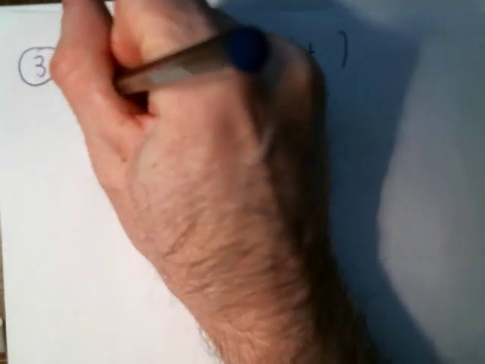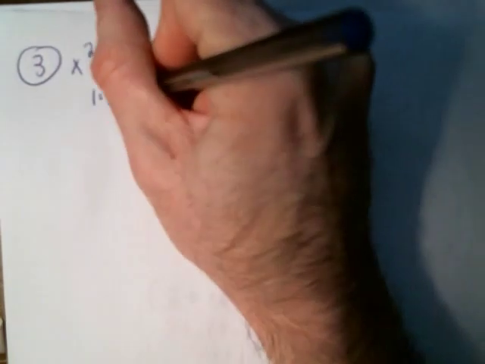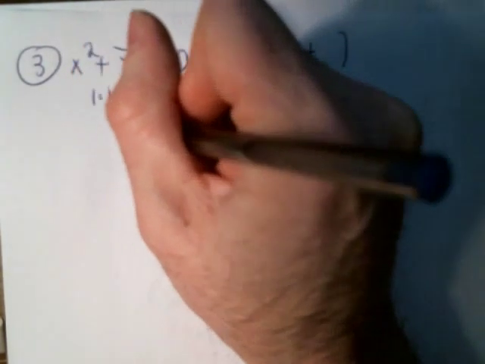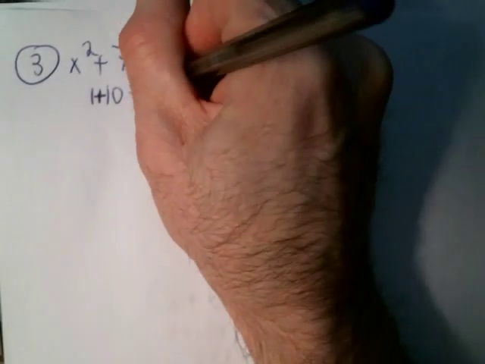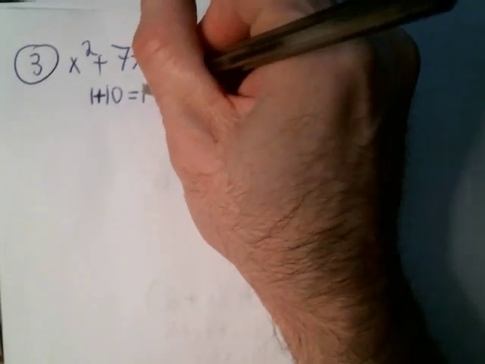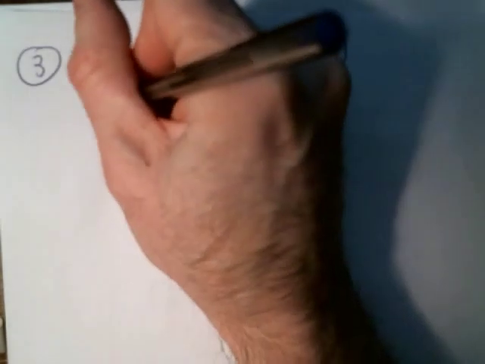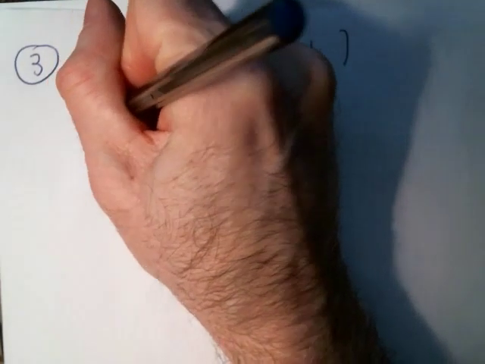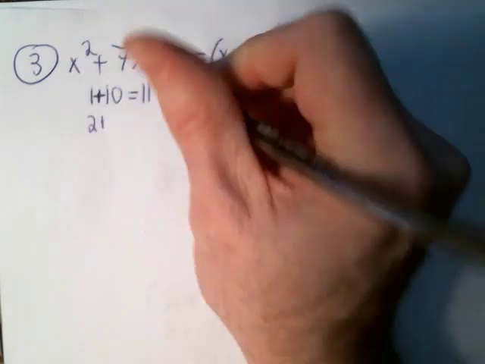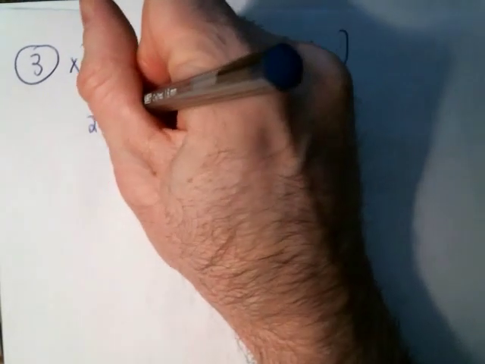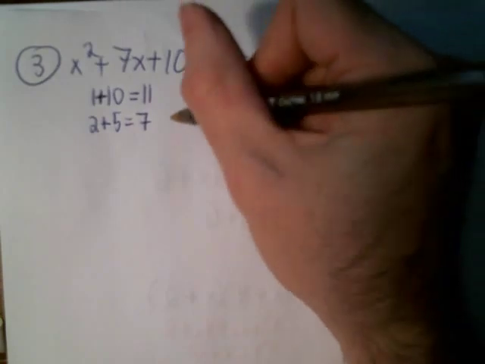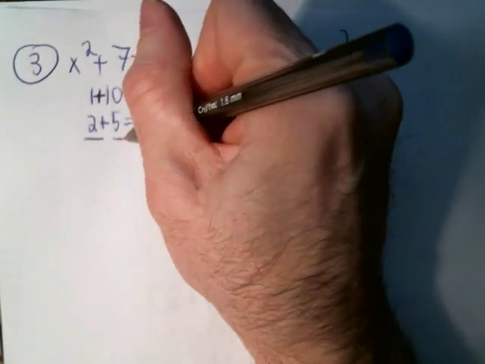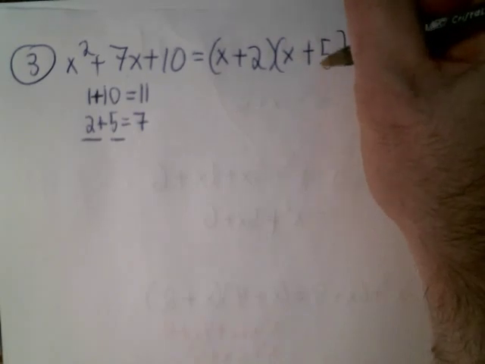And you may already know it and it pops up in your head, and that's great. But just for anybody else, 1 times 10 gives me 10, and 1 plus 10 gives me 11, so that won't work. Then there's 2 and 5, so 2 times 5 is 10, but 2 plus 5 is 7, and that one does work. So that gives you your factorization. You want 2 times 5.